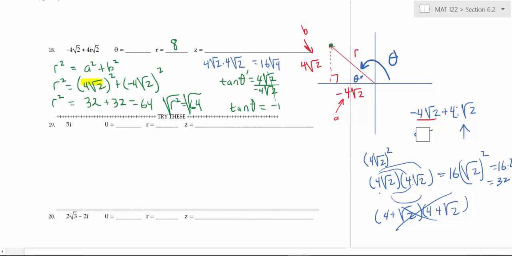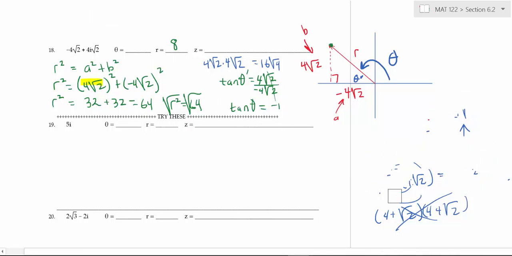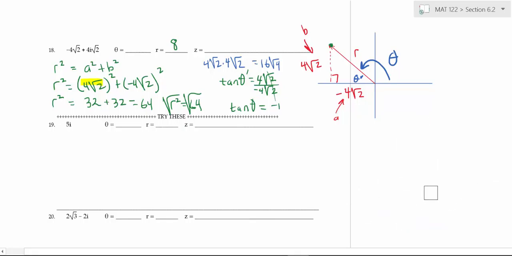Okay? Now, the next thing here is we can think about the unit circle if we want to. So one thing that you'll notice on the unit circle, if you just looked at this point in quadrant 2, that's negative root 2 over 2, root 2 over 2, which has a 45-degree reference angle, or 135 degrees.